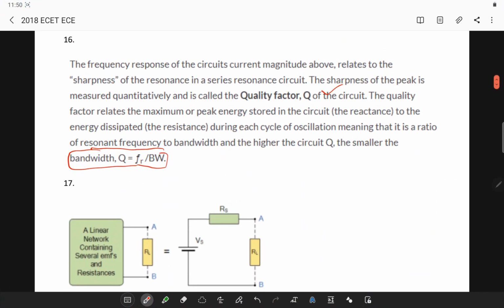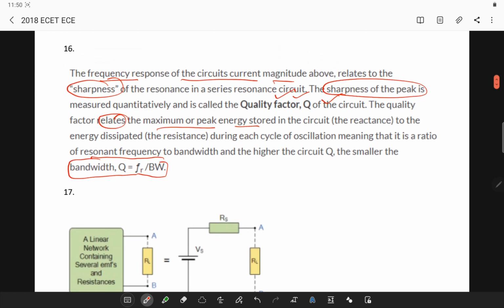The frequency response of a circuit, the current magnitude, relates to sharpness. This sharpness of a peak is termed the quality factor, and the quality factor relates to the maximum or peak energy stored in the circuit. The student has to remember this particular formula to solve problems.